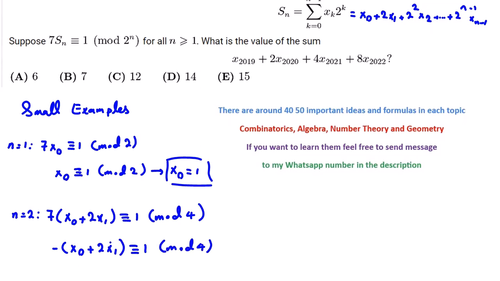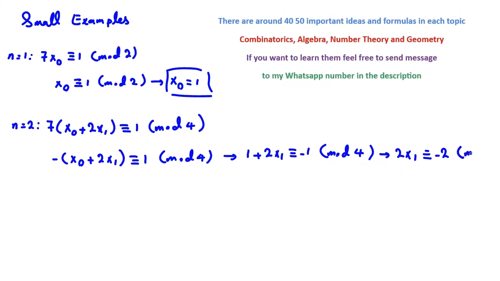Then we know x0 is 1, so we multiply both sides by negative 1. x0 is 1, 2x1 is congruent to negative 1 mod 4. And if you take 1 to the right hand side, 2x1 is congruent to negative 2 mod 4. Then we divide by 2.